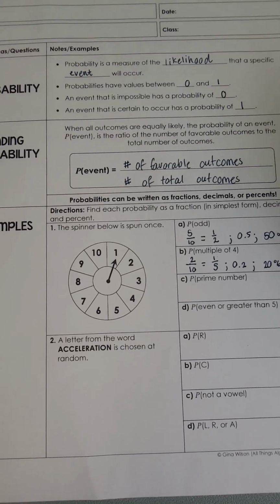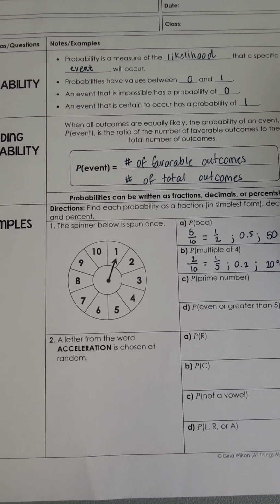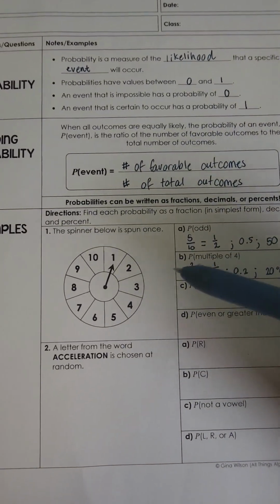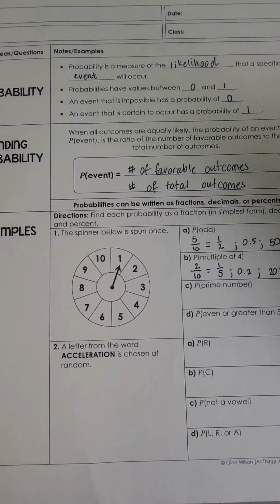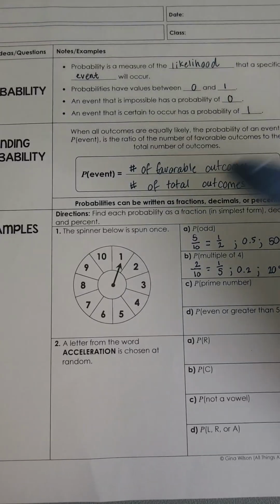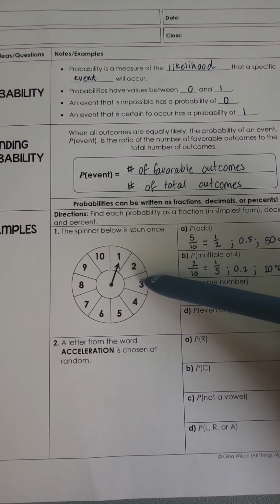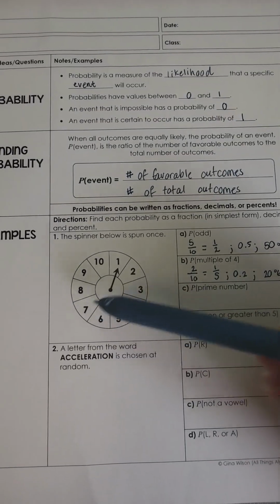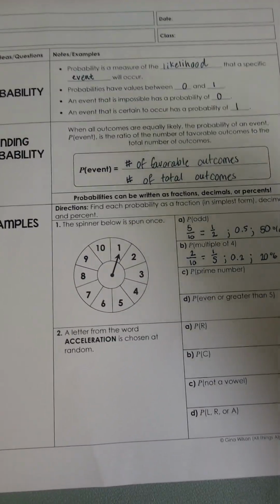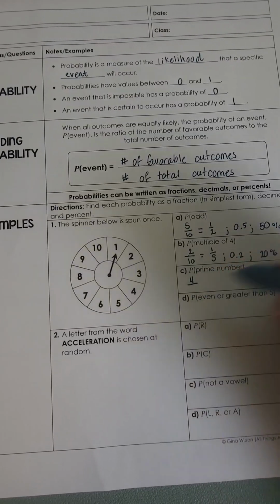Prime numbers, we discussed that on Wednesday. How many prime numbers do I have here? Don't forget, 1 is not considered a prime number. So my prime numbers here are 2, 3, 5, and 7. So I have 4 prime numbers.